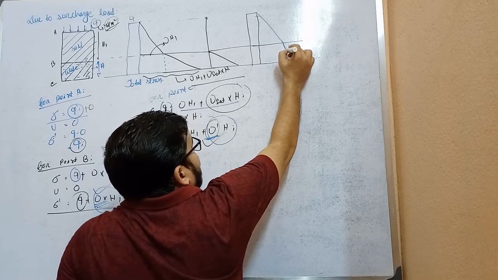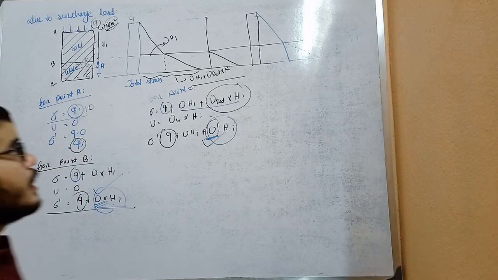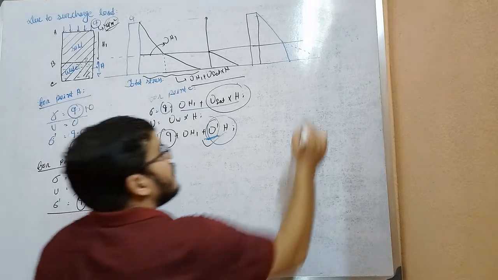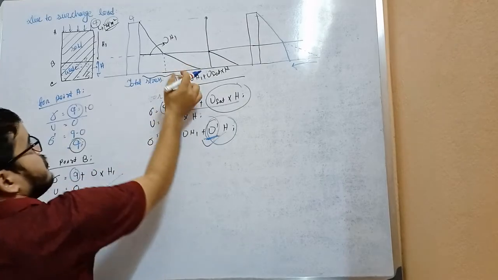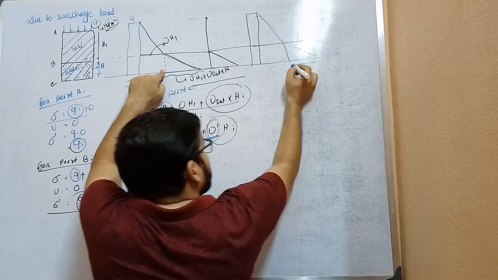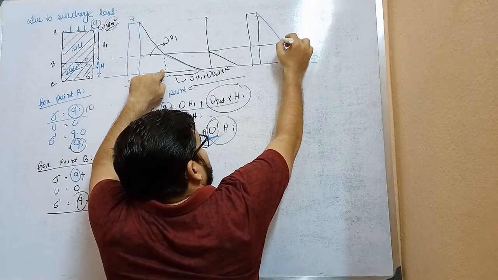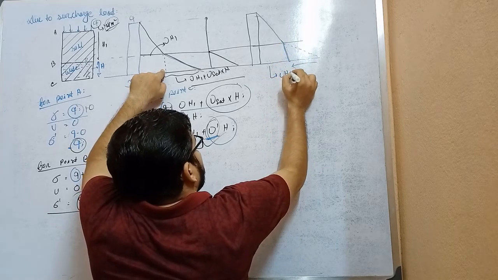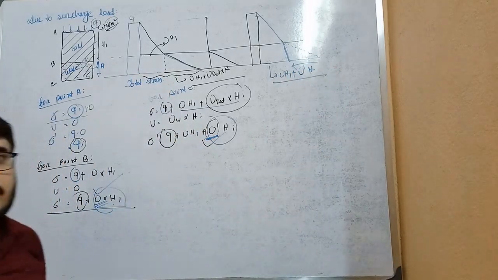The slope will be different, but come closer. So what will it be? As the value of gamma submerged is less than gamma saturated, it will come closer than the previous part. Here the graph has gone like this, and here it will come closer to the previous part, like this. So this is gamma H1 plus gamma submerged into H.